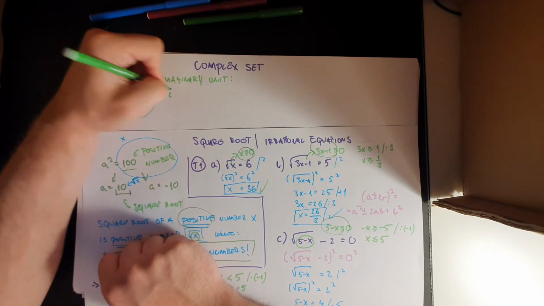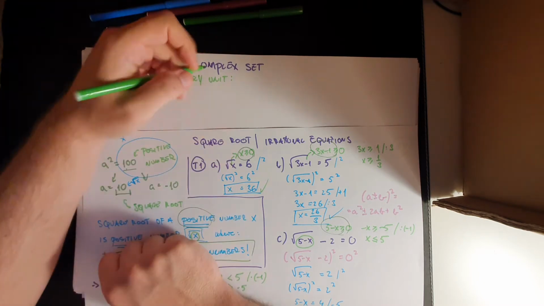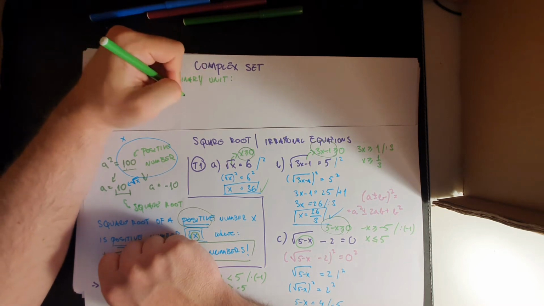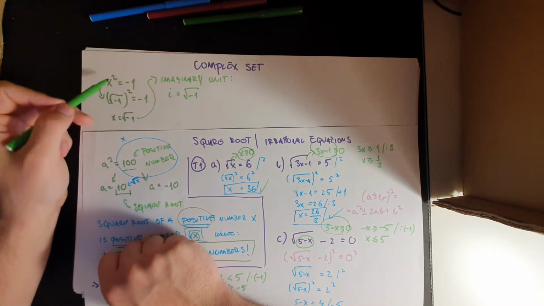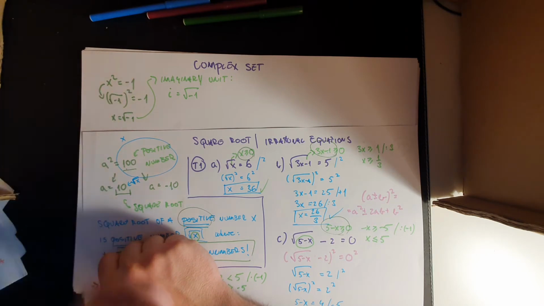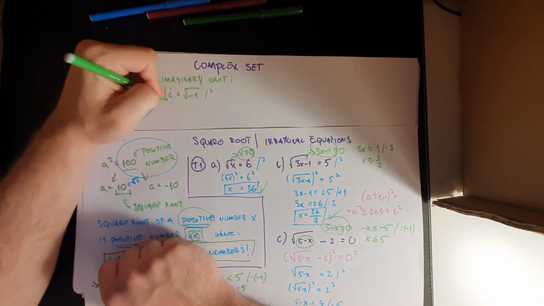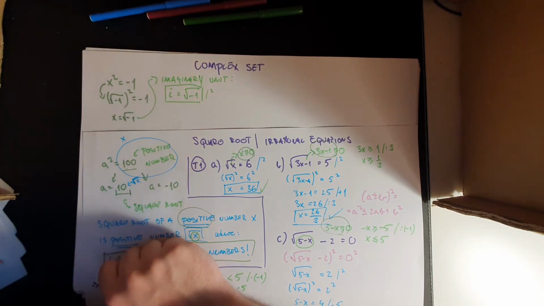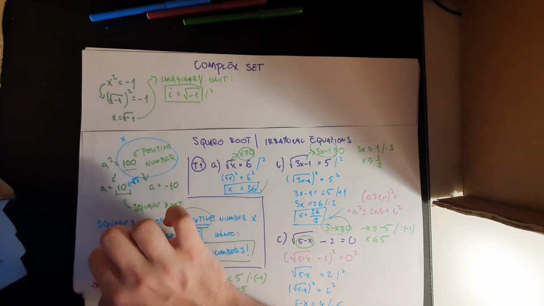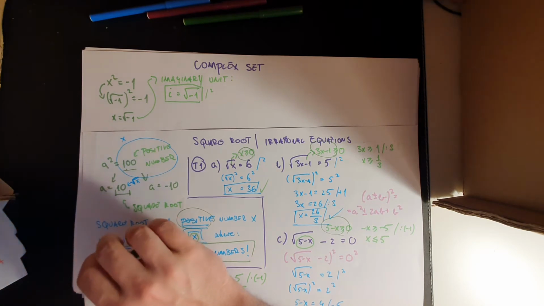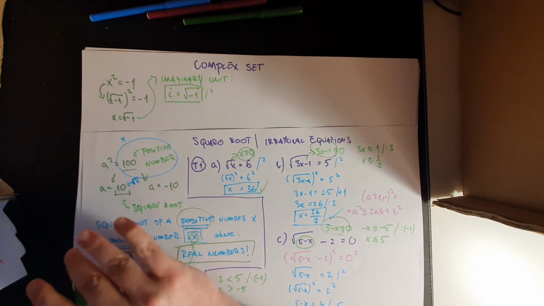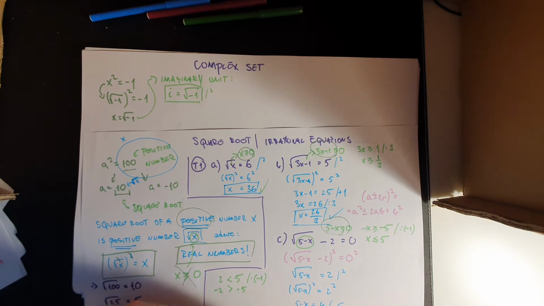This is its term, and the value of i is going to be square root of -1. So I have redefined the x into the i. So i is equal to square root of -1. Now, this is the original definition of the imaginary unit. Watch out, it's a unit like meters or feet or something like that. So it is a unit. It more says it defines something as imaginary.